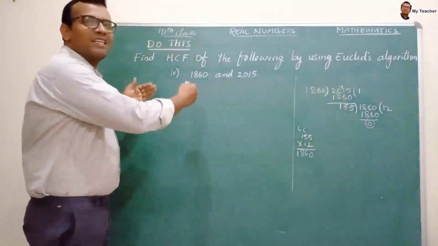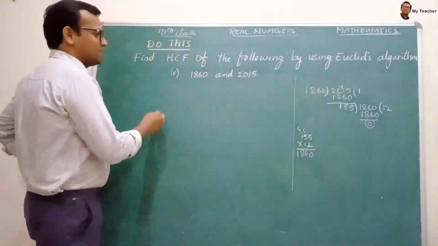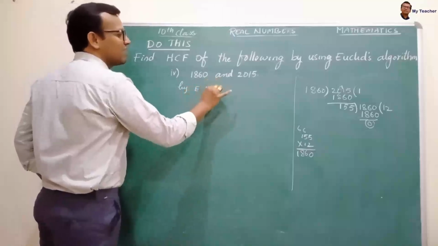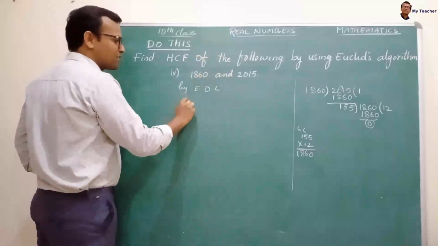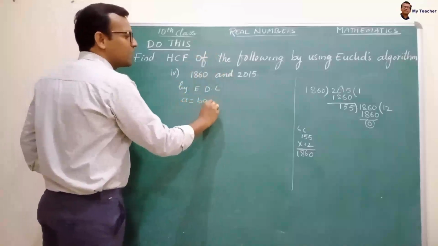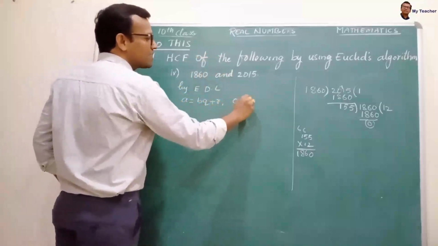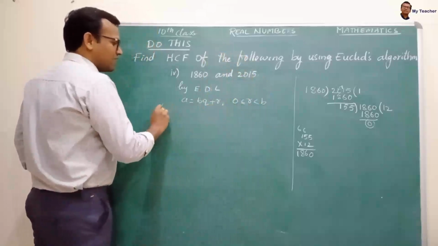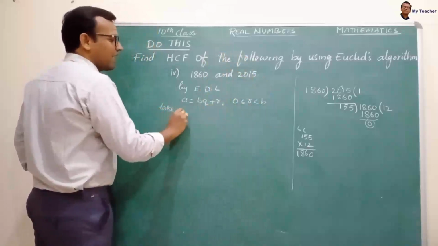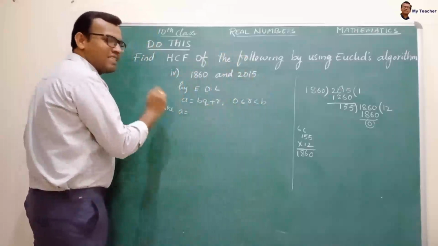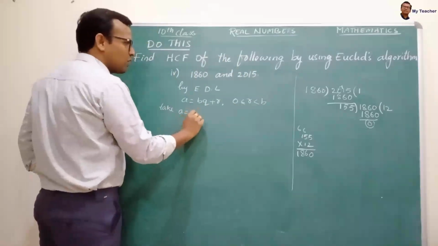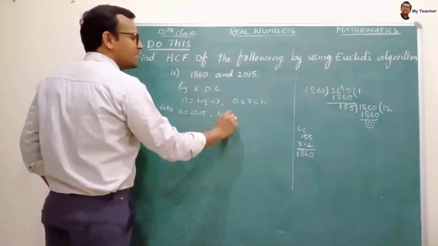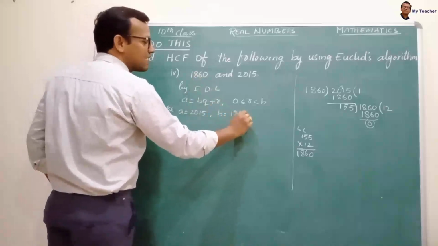Now let us write the algorithm here by Euclid's division lemma. What is the condition? A is equal to BQ plus R, where 0 is less than or equal to R, less than B. Now take the A value, the bigger number, as 2015, and B is 1860.